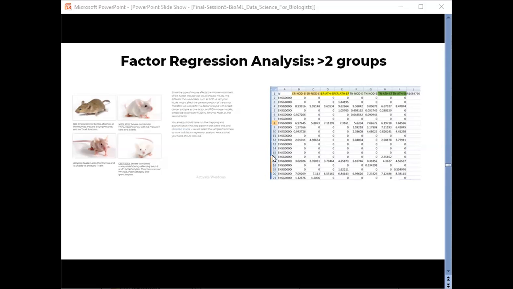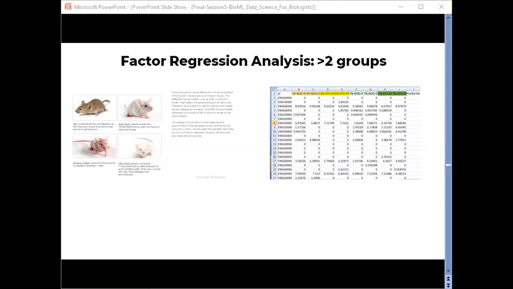So to understand it more, let's perform factor regression analysis using the T-Barn4 platform. Meanwhile, let me share the data with you. I'm sharing a link with you to perform factor regression analysis.